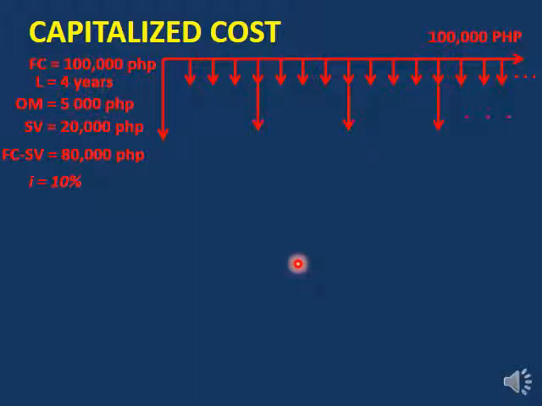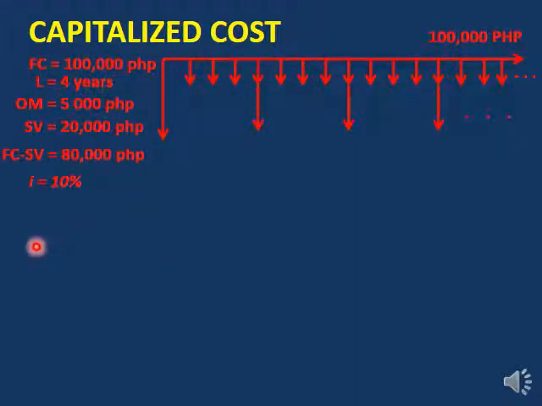Okay, so we'll now determine how Pedro determined the amount necessary to be deposited on the different banks. So we'll determine now the capitalized cost, or the initial capital Pedro needs in order to provide all of his cash flow from now until indefinitely.